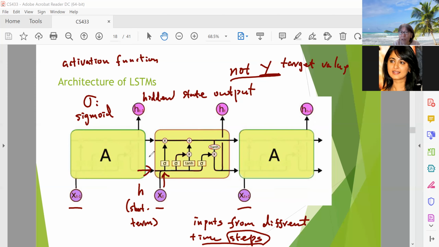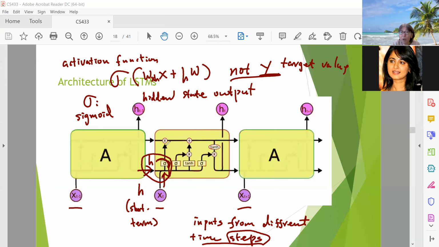So the H part and the input part, X times some weight, plus the H part also times some weight. Then you apply the sigmoid operation together. So that's what this part means.